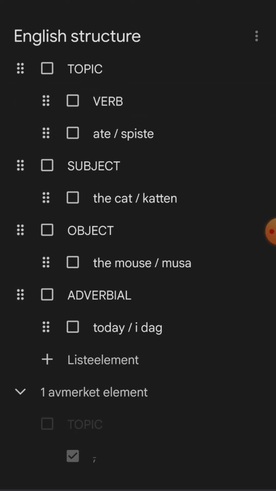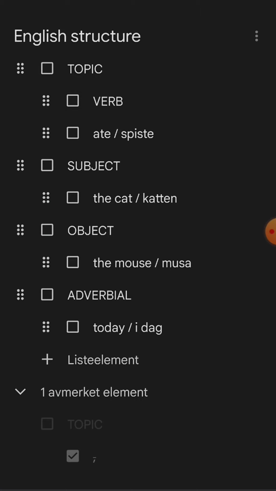Now, English has the auxiliary verb do, so it wouldn't actually be phrased "ate the cat the mouse today" anymore. It used to be like that. But if you look at what happens with do, then it works the same way. Like, what did the cat supposedly do? Oh, eat the mouse. Did the cat eat the mouse today?